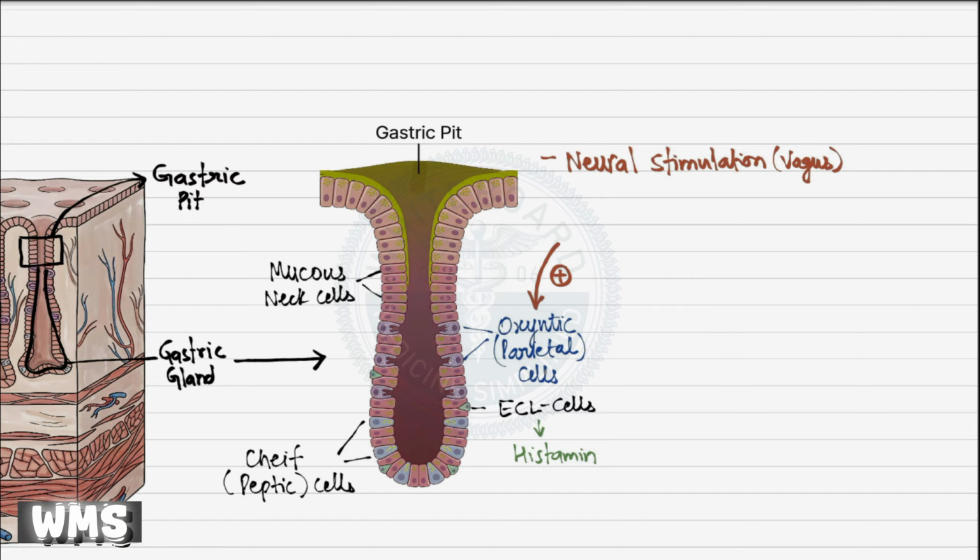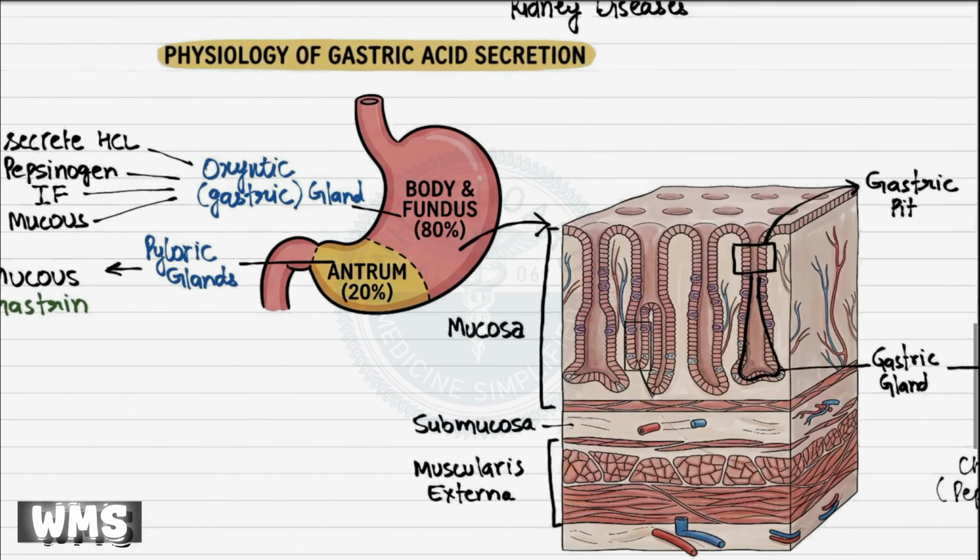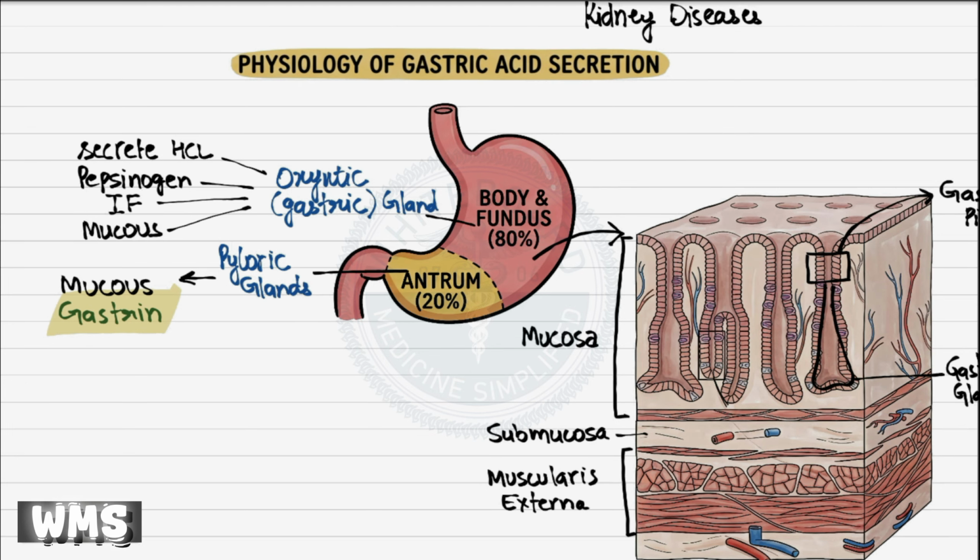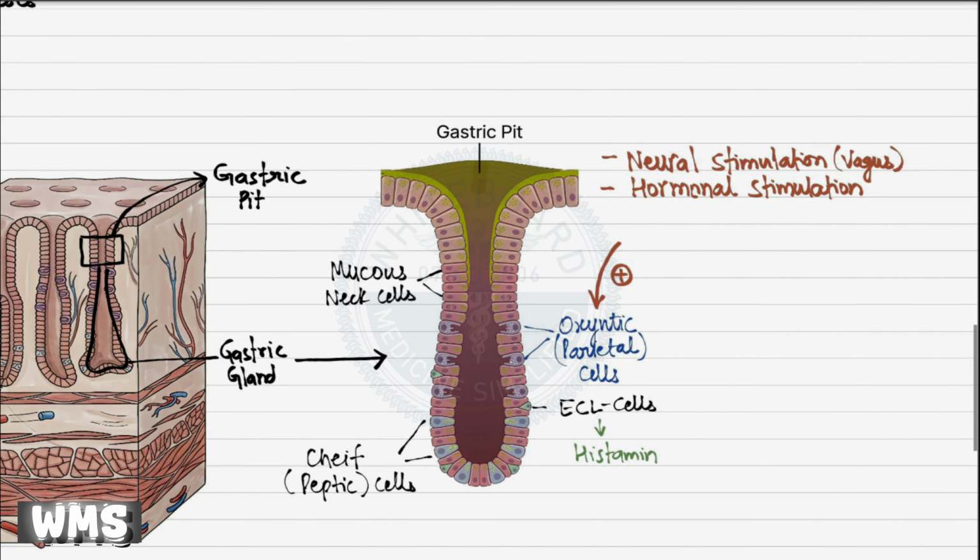At the same time, there is hormonal stimulation through gastrin, a hormone released from G cells of pyloric gland in the antrum, which travels through the blood and further enhances acid secretion. In addition to this, there is a paracrine pathway where enterochromaffin-like cells release histamine, which then acts locally on parietal cells and strongly amplifies their activity.